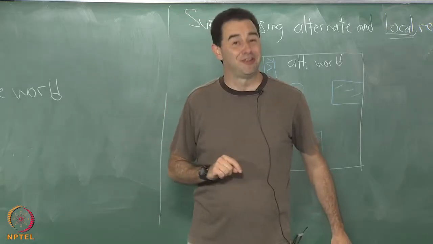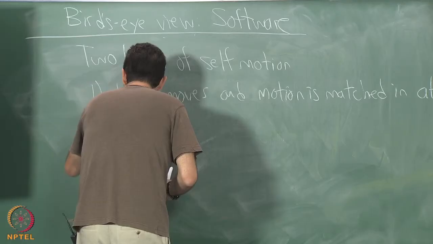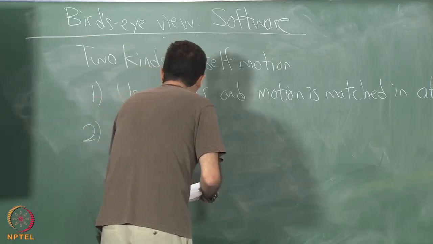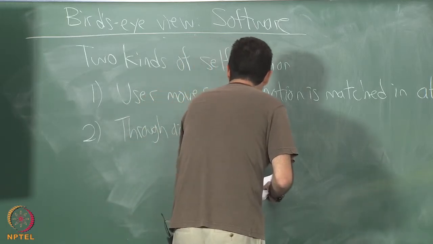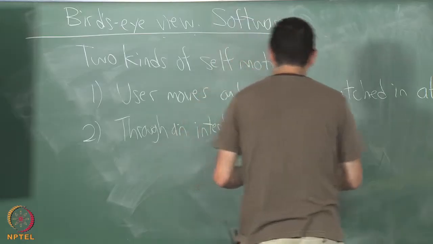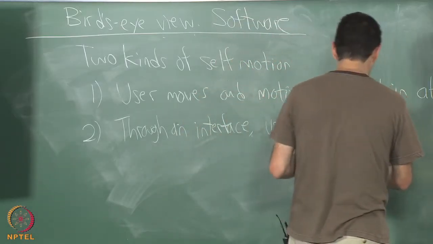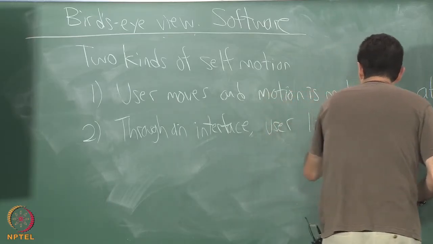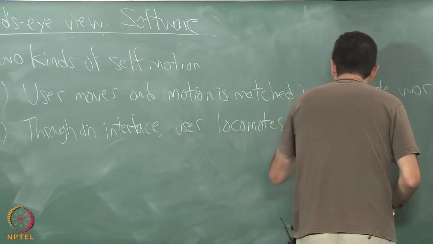The other motion is not. Through an interface, an example would be a game controller, the user locomotes or moves their virtual self.